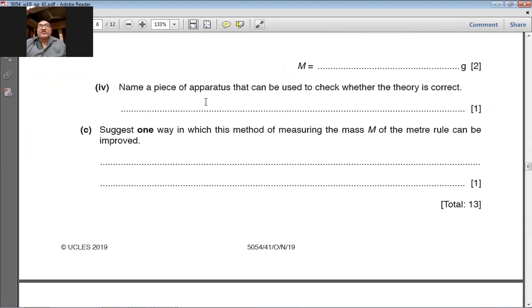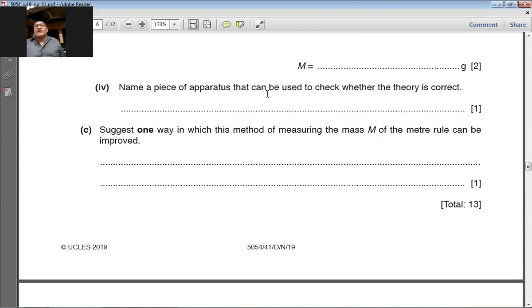Then the question was, name a piece of apparatus that can be used to check whether the theory is correct. You see, to check the mass of the ruler, I can use a balance. And one thing which we used was, so that's one way in which this method of measuring the mass m of the meter rule can be improved.